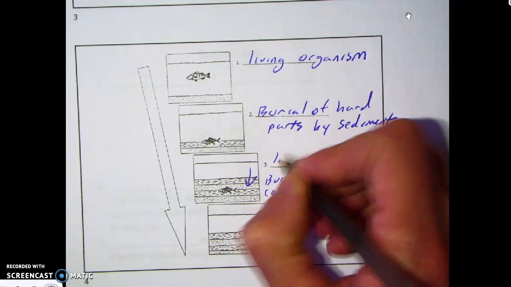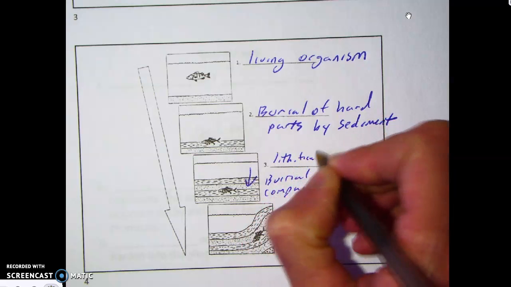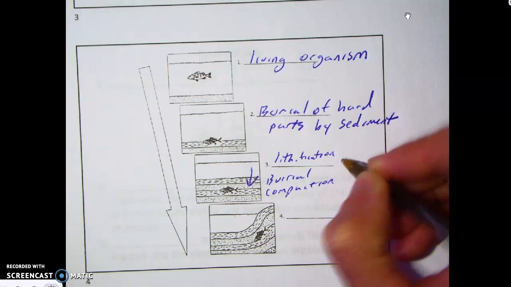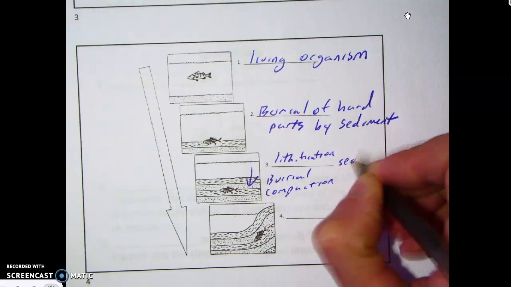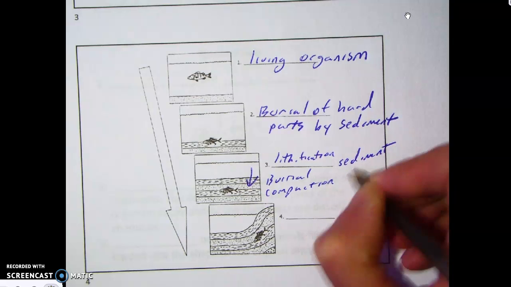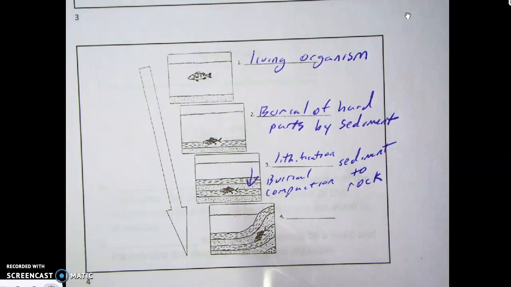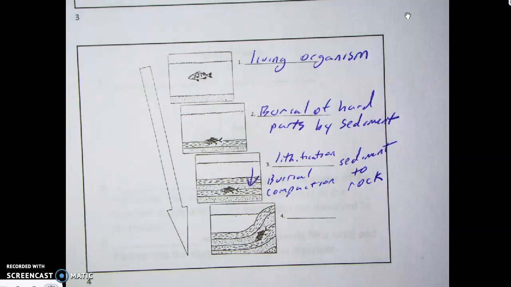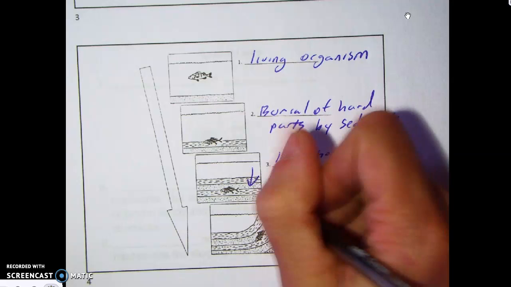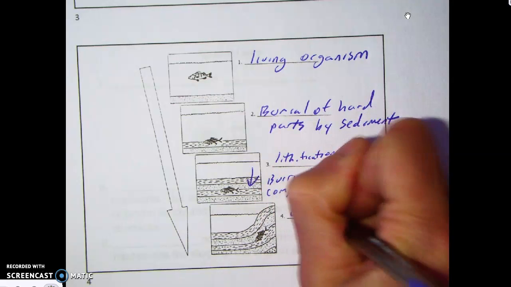We have lithification. That was something that we talked about in the fall. The process of sediment getting converted into rock. Sediment to rock. And we have the fossil form deep within the ground. Eventually, at some point though, in order for a person to happen to discover the fossil, we need uplift to occur.